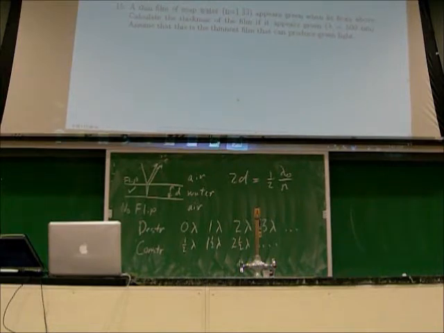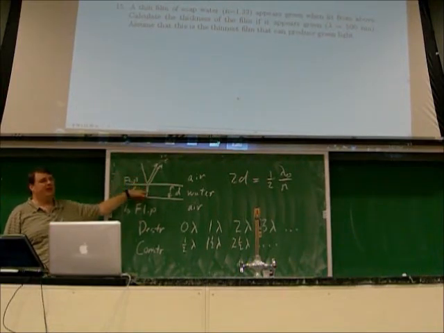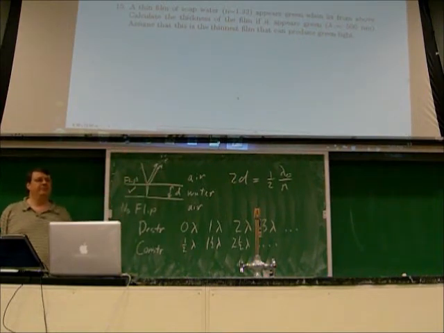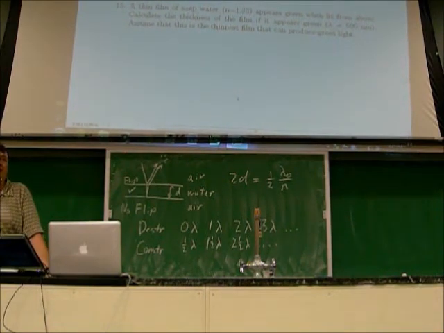Yes. The reason is that this wave has to go down and back. So going down, you accumulate a distance of d, and then back you accumulate d more, so the total extra distance is twice d.